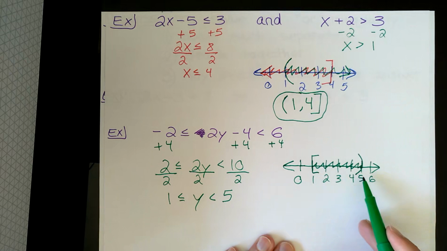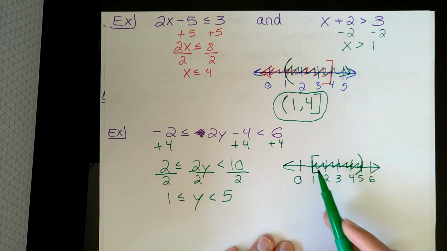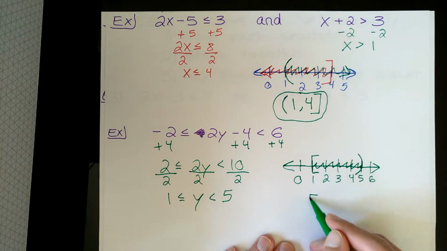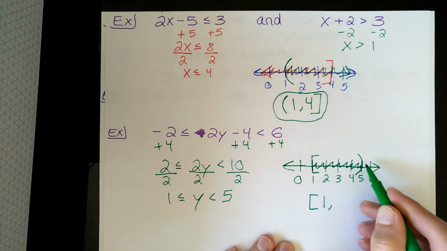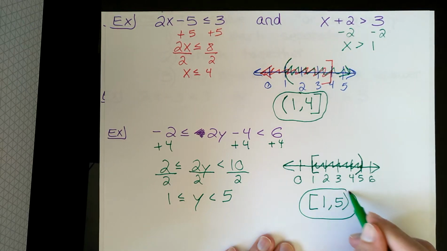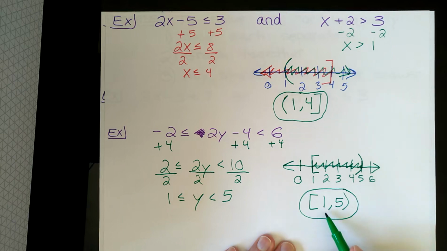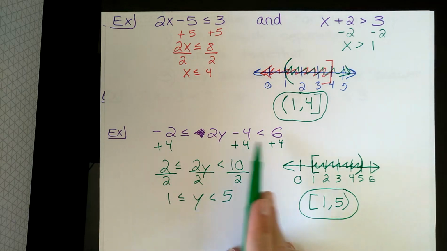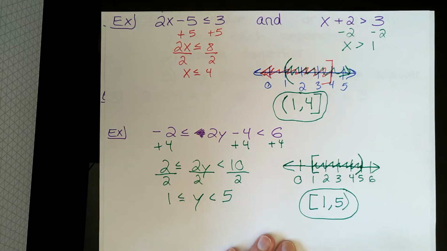And the graph looks exactly like the interval. A bracket at 1, comma, a parenthesis at 5. And that's it. Every number between 1 and 5, except for 5, solves this original compound inequality.